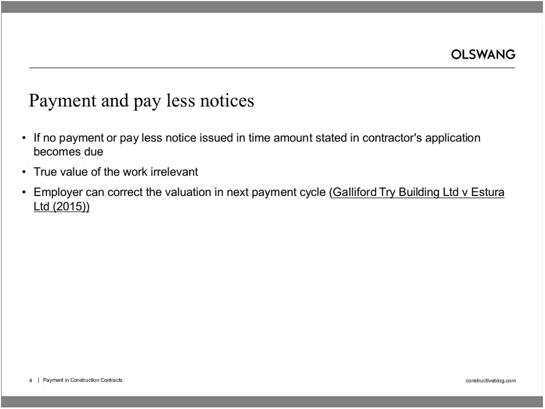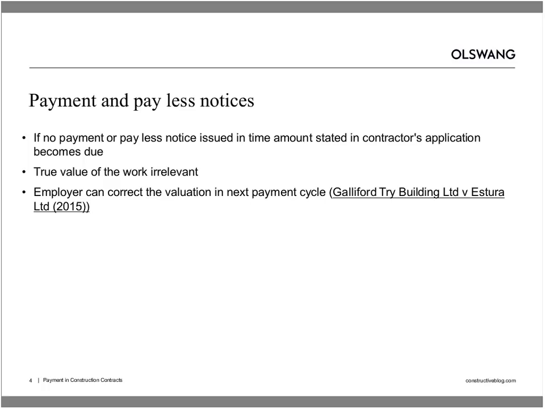What we've seen in the courts is a series of cases in which contractors have adopted what we might call a smash and grab technique, whereby they issue possibly somewhat overinflated payment applications.